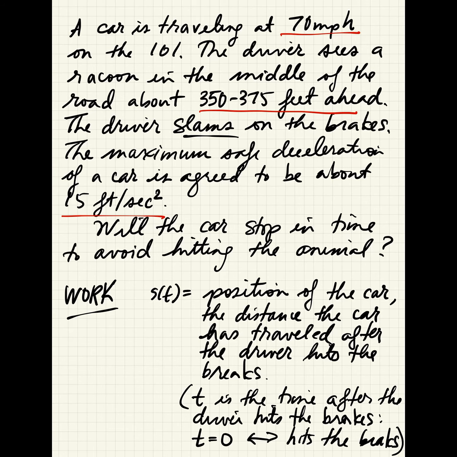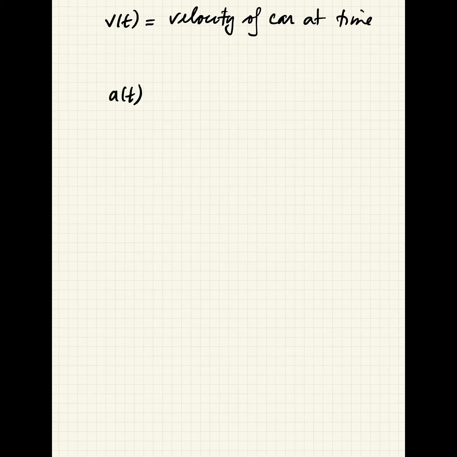So if s is our position function, then we'll have a velocity function and an acceleration function. So v is going to be the velocity of the car at time t, t seconds or however many units of time after the driver hits the brakes.